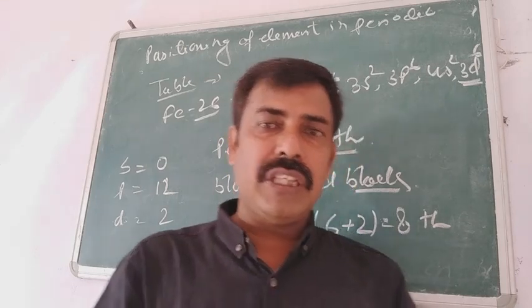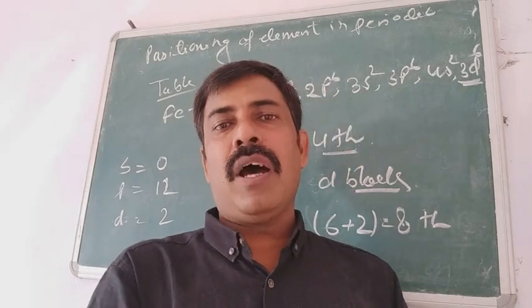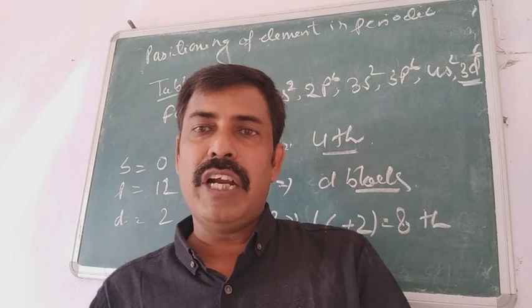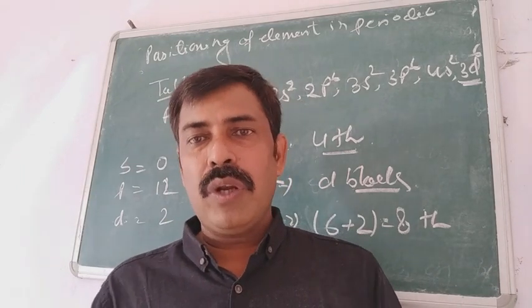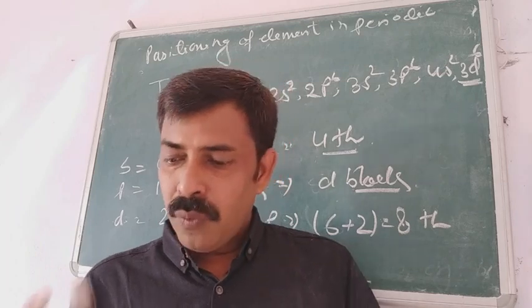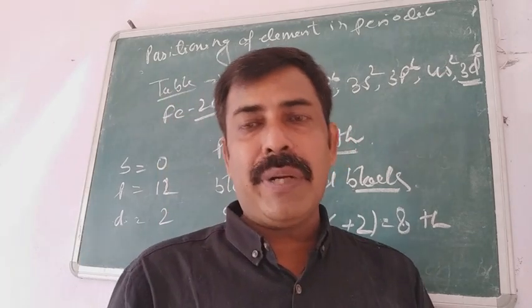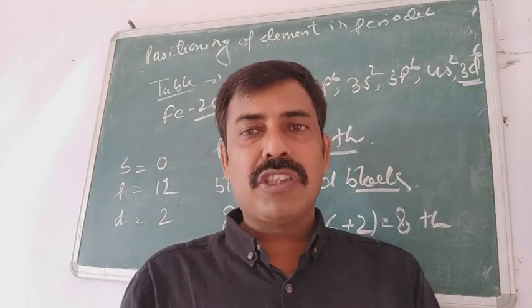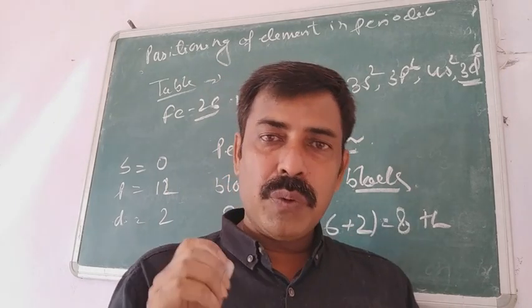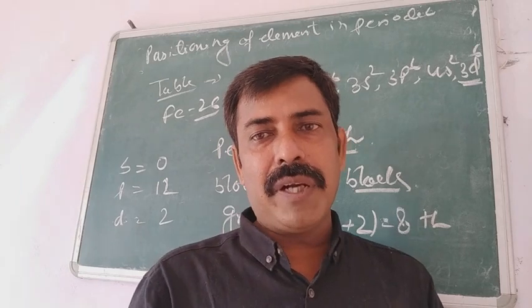And when you see zinc, after the electronic configuration of argon, it will be 4s2 3d10. That means both are 3d10. Then how will you position these elements? When we position an element in the periodic table, we do not use the exceptional configuration, we use the general configuration for the element.